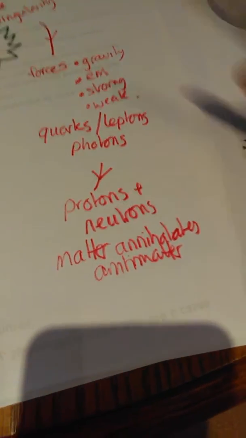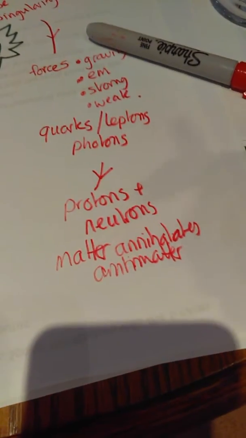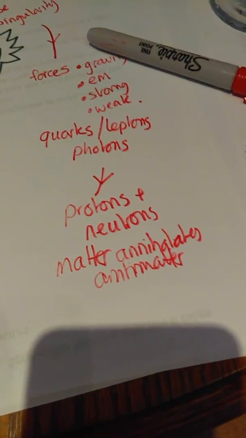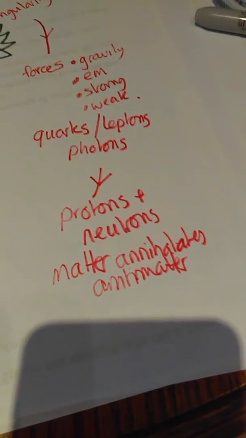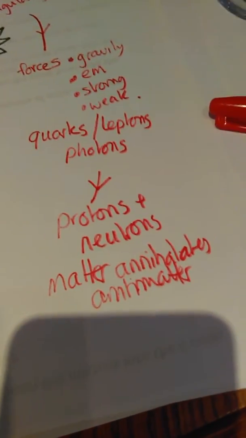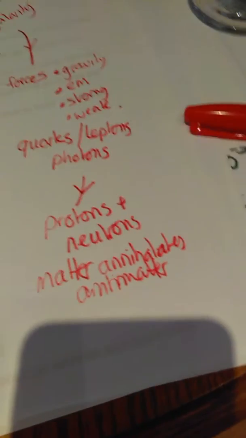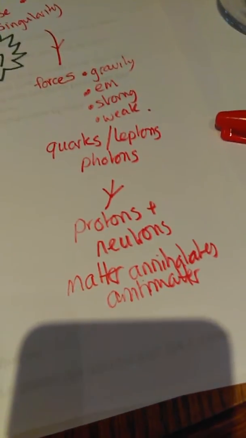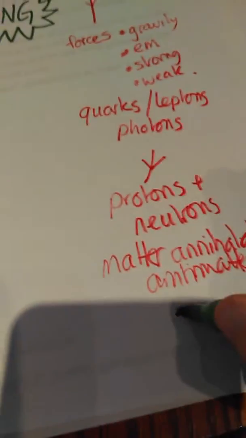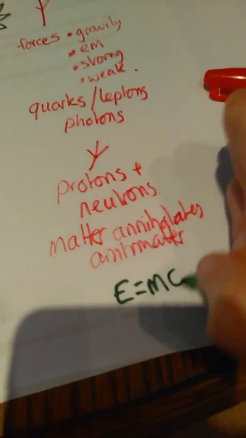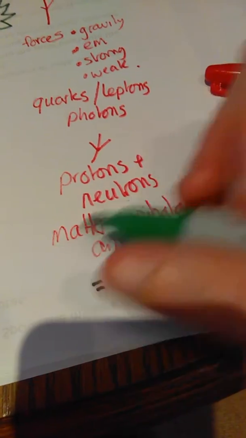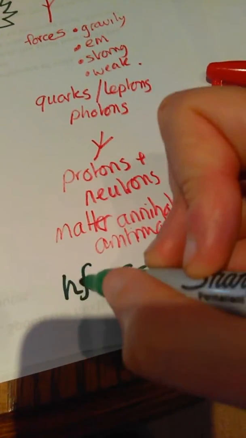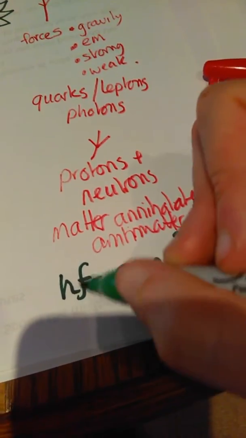Because if you remember, the way that we sorted out what sort of photons we'd get was we looked at E equals mc squared, and if we had the annihilation of the mass of electrons and protons, the energy produced, if we put that equal to hf, would be in the frequency of gamma.